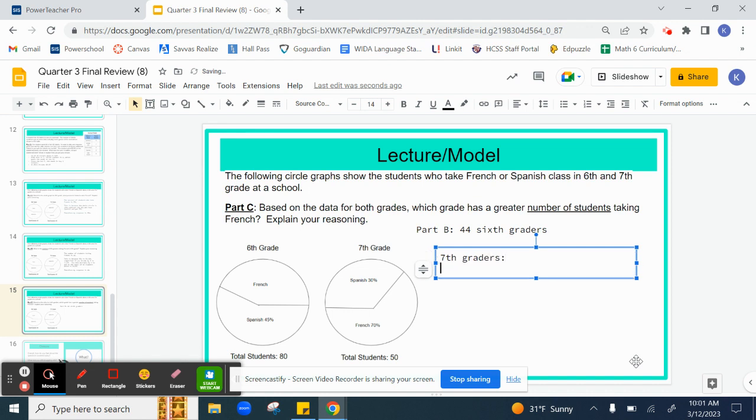All right, so 7th graders who take French, 70%, is 70 out of 100. But the total is 50. 70 out of 100 equals what out of 50?